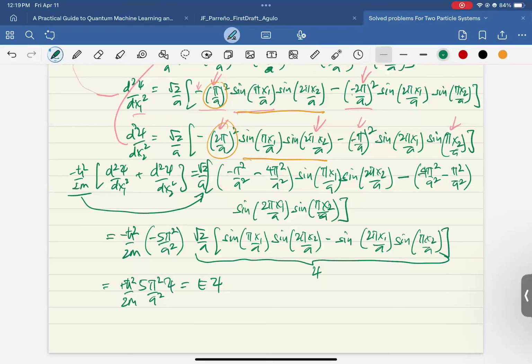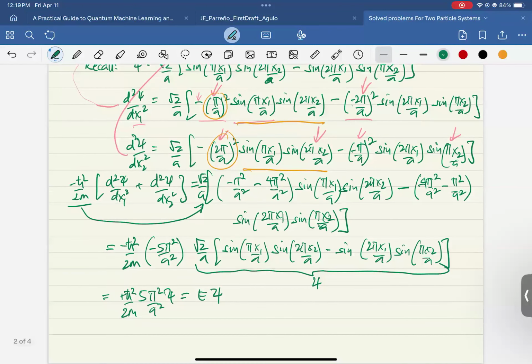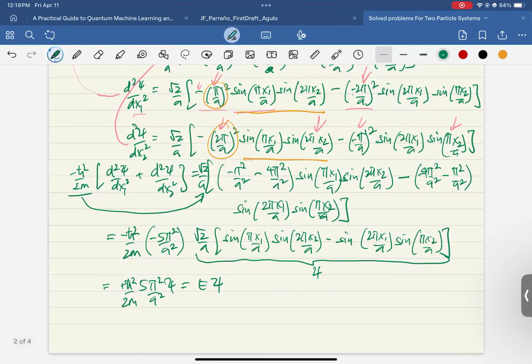Okay, which means na, wait, sandali. So, sorry. Itong h bar squared kasama yan sa psi. So, hindi natin yan i-include dito. Okay. So, 5 pi squared over a squared. And then, of course, huwag natin kalimutan yung negative sign niya.